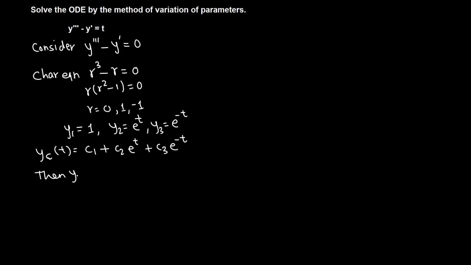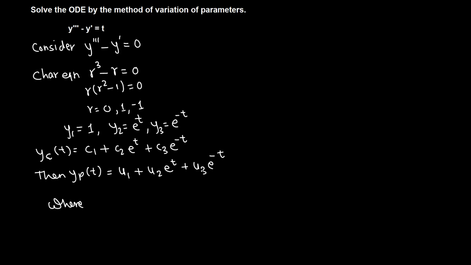Then a particular solution is given by u1, which is to be determined, plus u2 e^t plus u3 e raised to negative t, where we have to find u1, u2 and u3. The sum of this complementary and particular will be the solution of this given non-homogeneous equation.